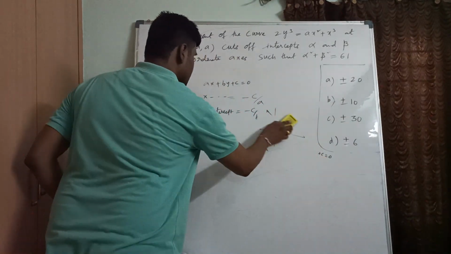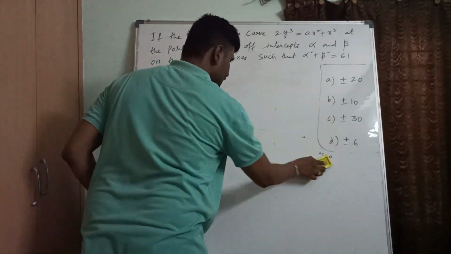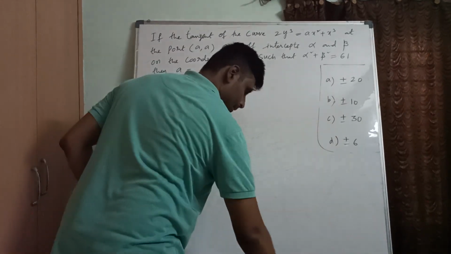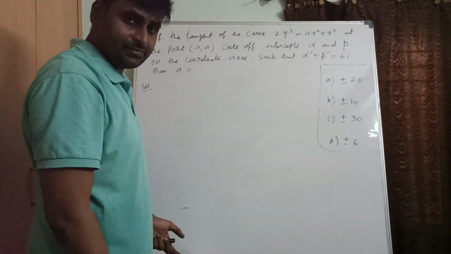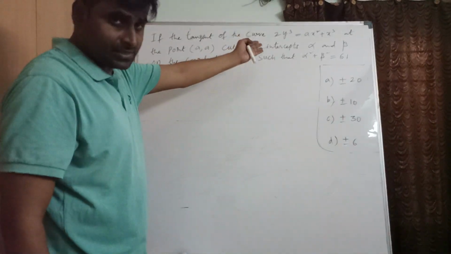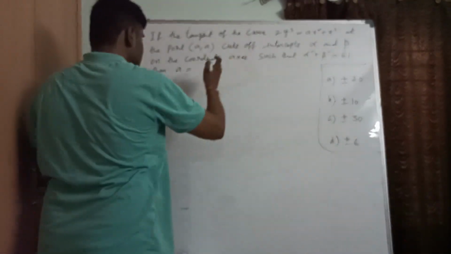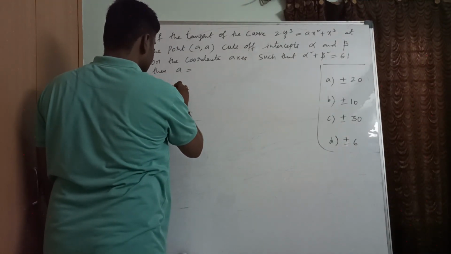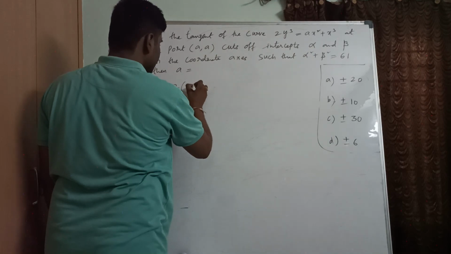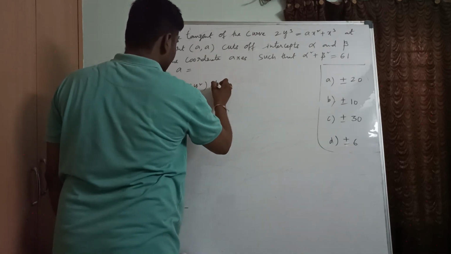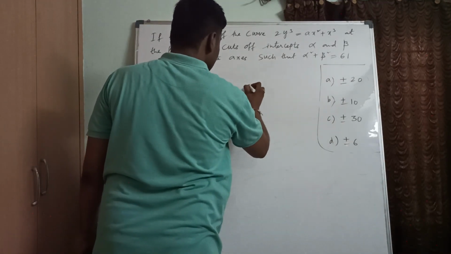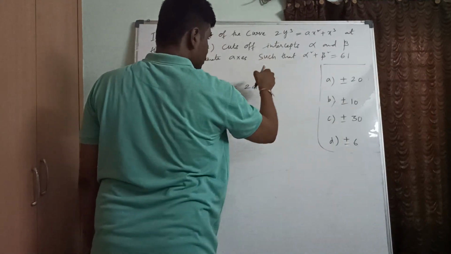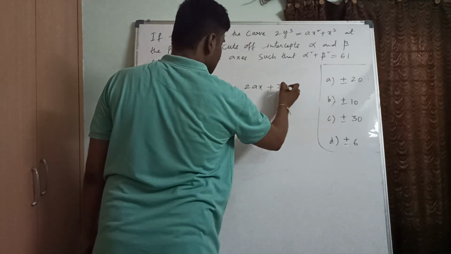Okay. So now, first of all, what is the first step? For every problem, we have to simplify the curve. There is no need to simplify here, directly we'll differentiate. It was not complex, easy, right? So now, 2y cube means 2 into y cube, derivative 3y square into dy by dx, equals 2ax, derivative of x square 2x, x cube 3x square.